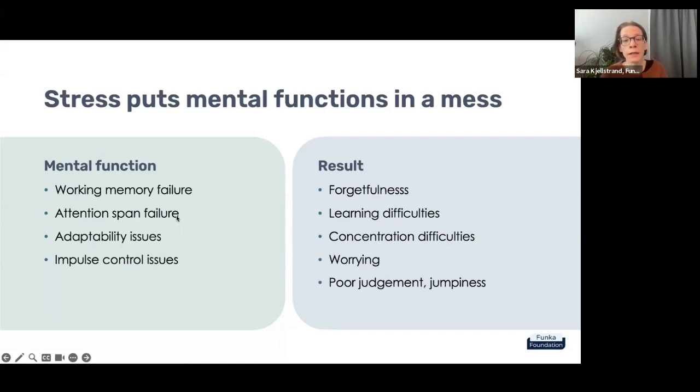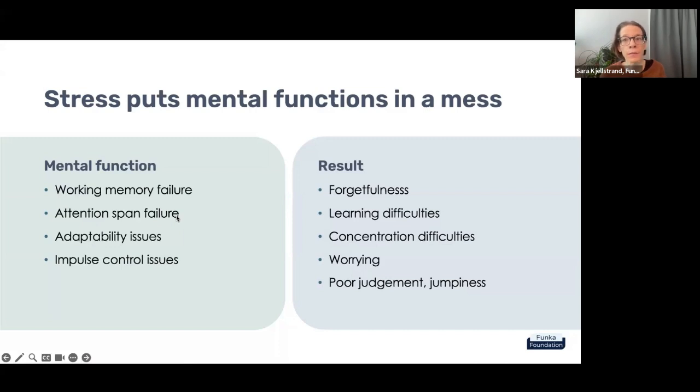In fact, they are put in a mess. So what can happen in the impact of stress is that we could have a working memory failure, which leads us to forget things. We could have a failure of attention span, which makes it difficult to concentrate and learn things. We could also have adaptability issues, meaning that it's difficult to know how to react to a new situation or the situation where we are in.